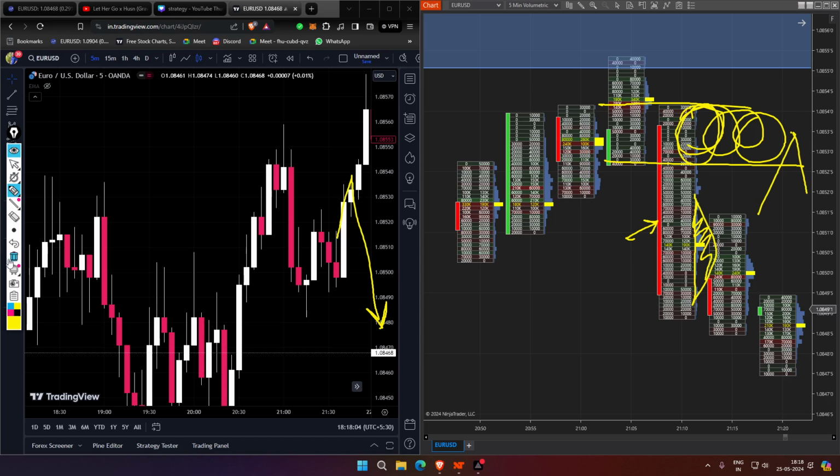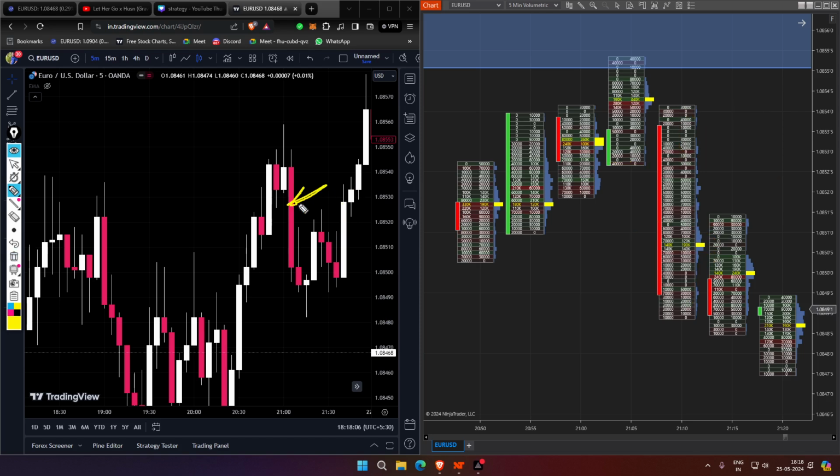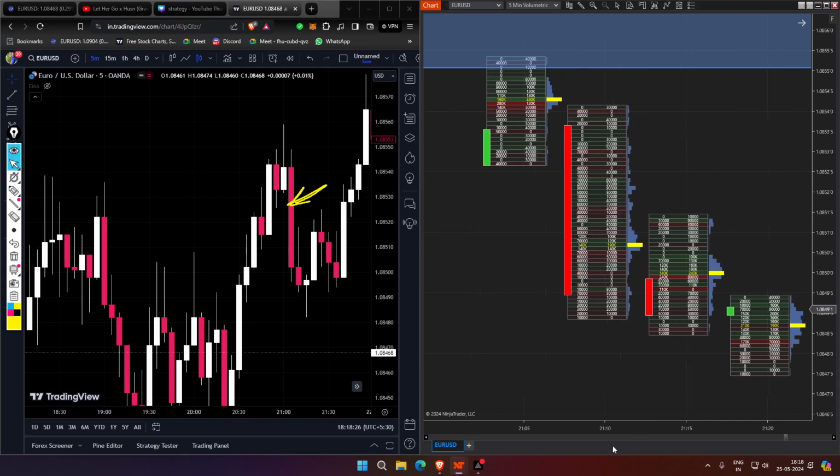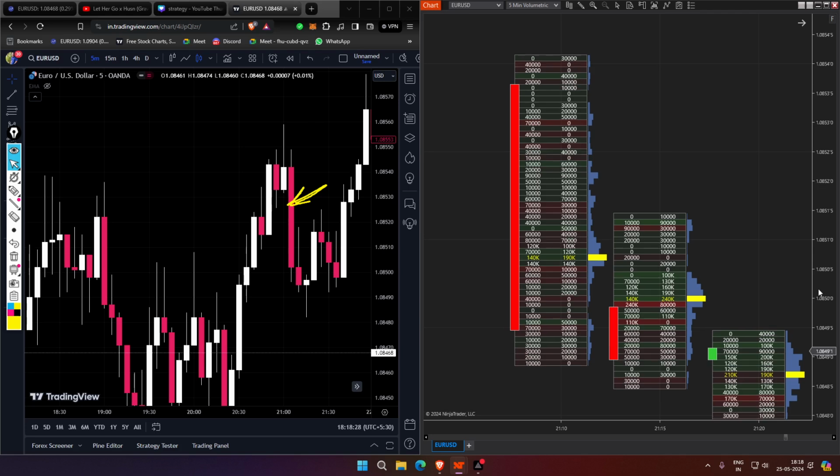But just by looking at price action, we don't have sufficient data to properly analyse where exactly the liquidity is on the chart. To identify this, you need to learn how to identify these footprint values, where exactly the liquidity is and where exactly the volume is.